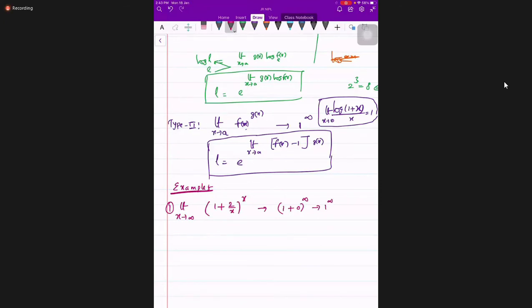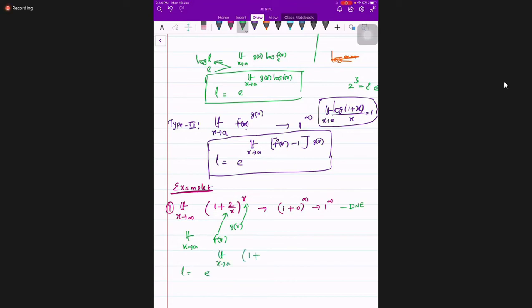So this is like f of x to the power of g of x. We don't know the limit directly, it does not exist actually, so we simplify using this relation, f of x minus 1 into g of x.